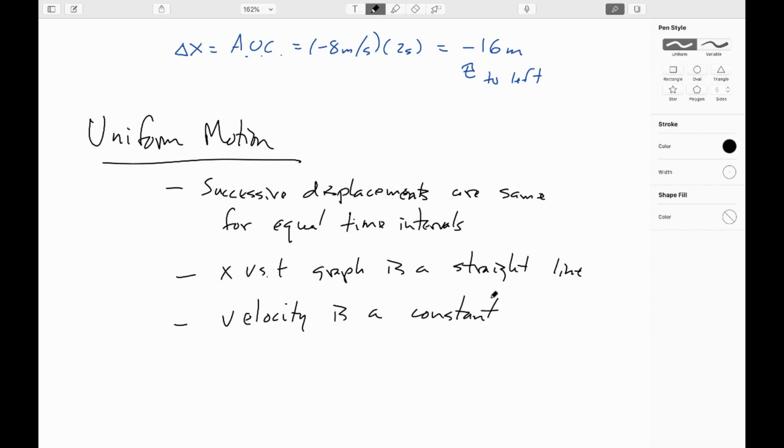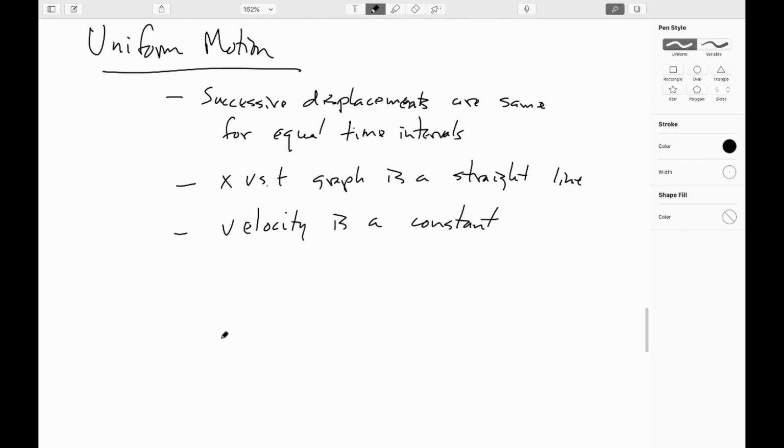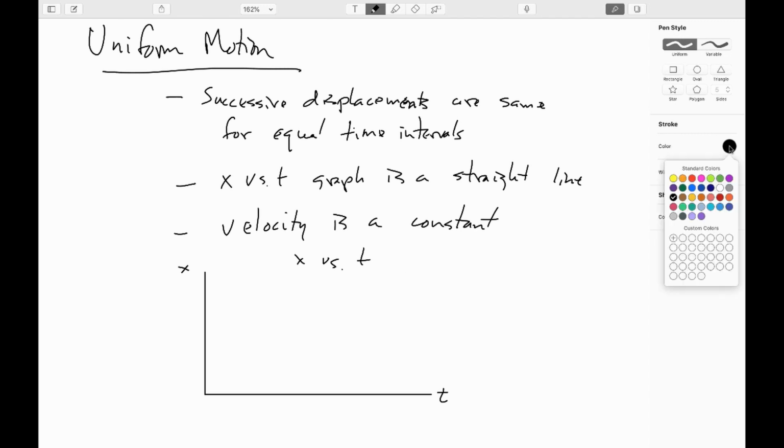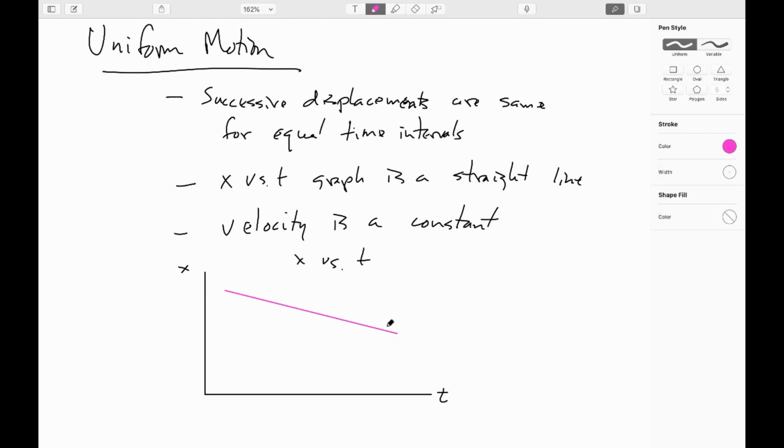Now, although we haven't rigorously defined instantaneous velocity, which is what we mean when we talk about velocity without an adjective in front of it, I think it at least makes some kind of sense here. If I go ahead and plot my position versus time here, for instance, let's do that. All right, so we can look at this and say, yeah, sure, over equal times, this drops the same every single time. So it checks that box.